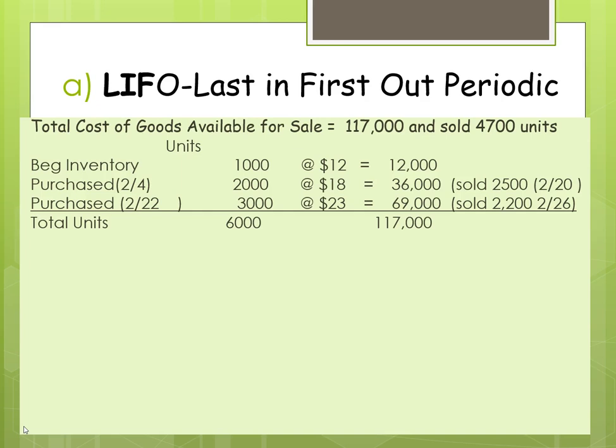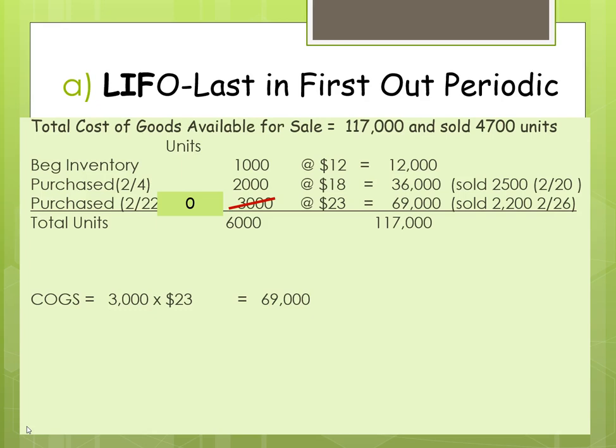Now let's do the same problem using LIFO, which is the last cost in is the first cost out for cost of goods sold. So when we sold our 4,700 units, we're first going to take 3,000 out of here, leaving none. So we're going to have 3,000 at $23.